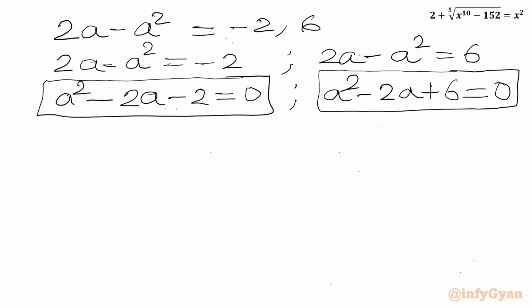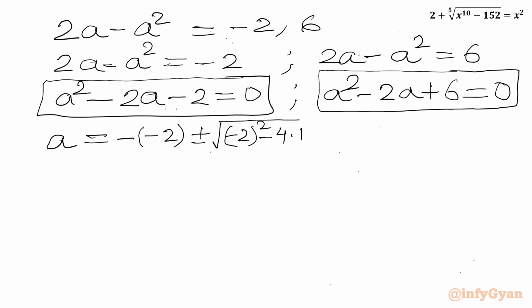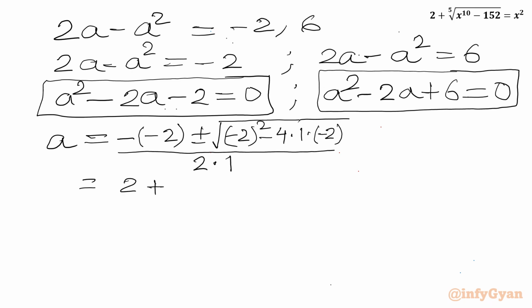So let us consider the first equation. I will write A will be equal to minus B, so minus of minus 2 plus minus the square root of minus 2 square. This is B square minus 4 times 1 times negative 2, divided by 2 times A, which is 2 times 1, or we can write 2 plus minus the square root of 4 plus 8 divided by 2.